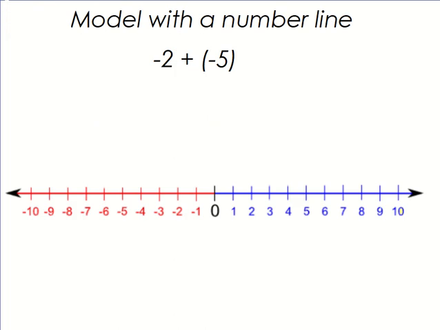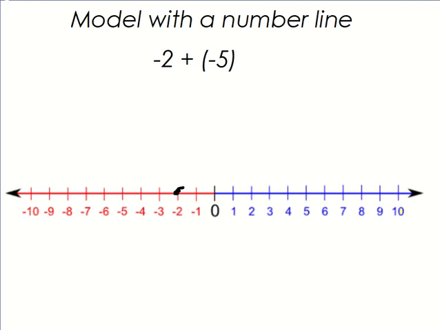Similar to counters, we have number lines. This is very common to use, and we just need to make sure we understand how to use it and what it looks like. With the counters, we saw that we had all the same types. That's what's going to be in common. With the number line, we're going to notice something else. So for -2, we would start at -2, and we're going to add -5.